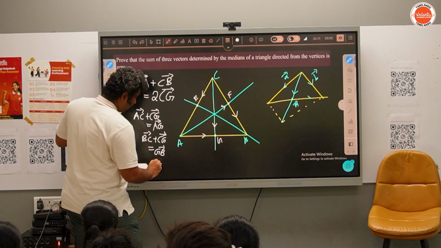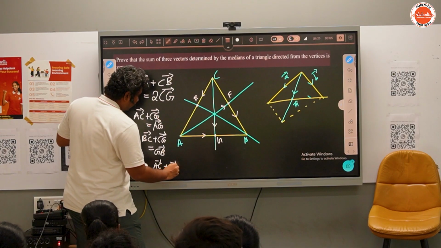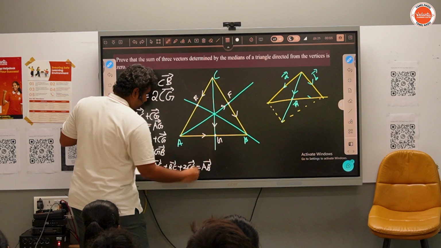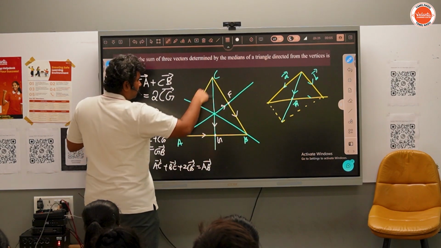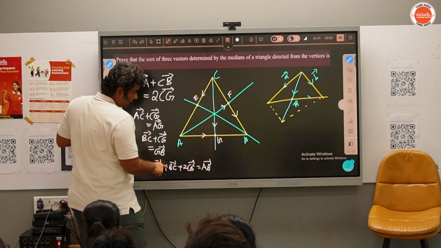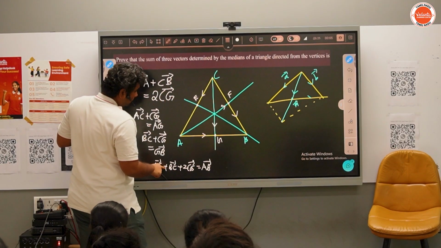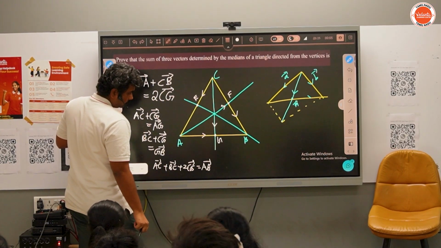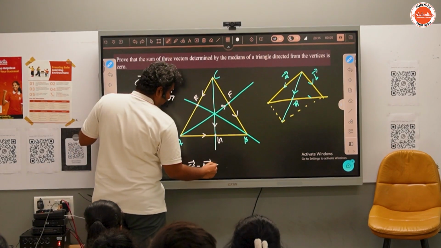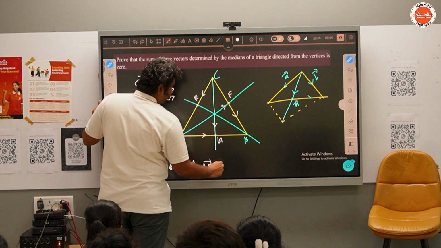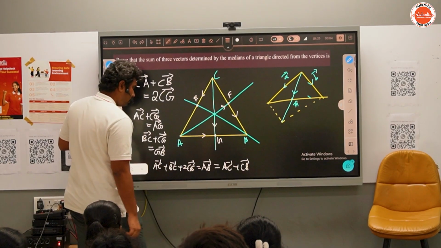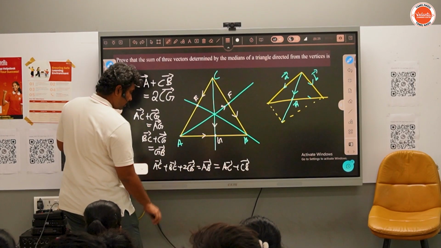Okay, so AC vector plus BC vector plus 2 times of CG vector equal to AB vector. Now, AB vector I can write as AC vector plus CB vector. You can cancel out AC here.